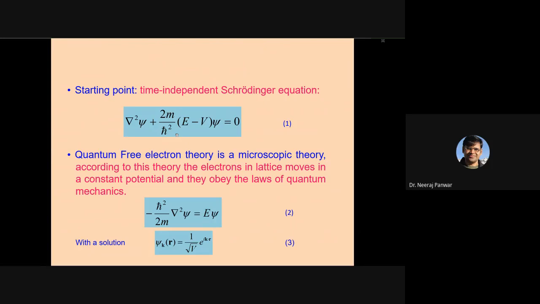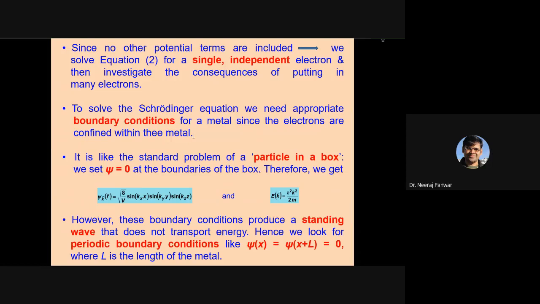Then we took the help of quantum mechanics to calculate the energy associated with a free electron, and in place of the normal boundary condition, we applied the periodic boundary condition. When we apply the periodic boundary condition, it gives us a solution of a traveling wave, and only a traveling wave can carry energy and momentum.